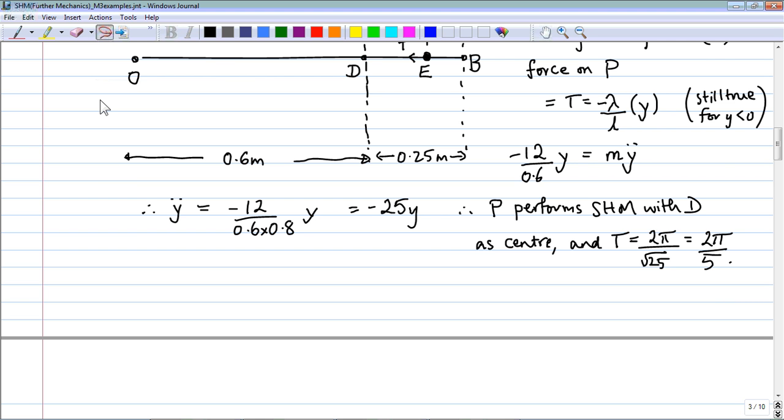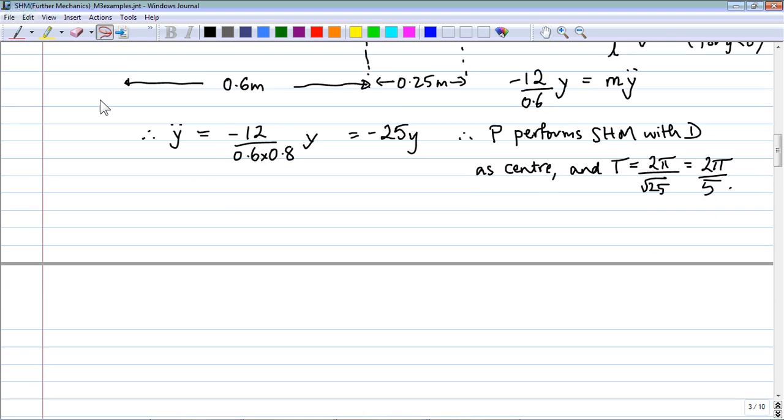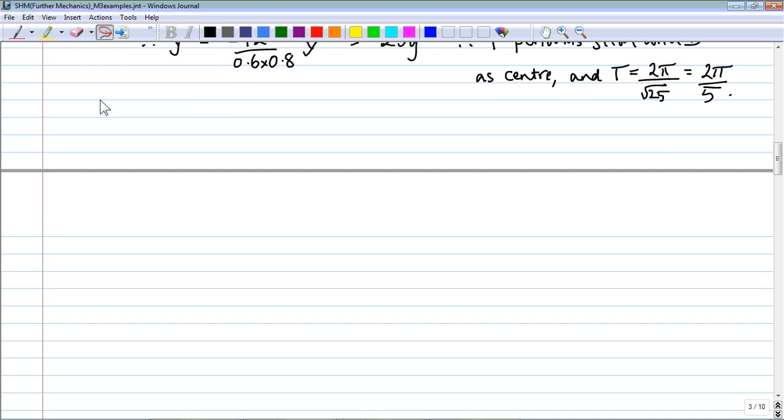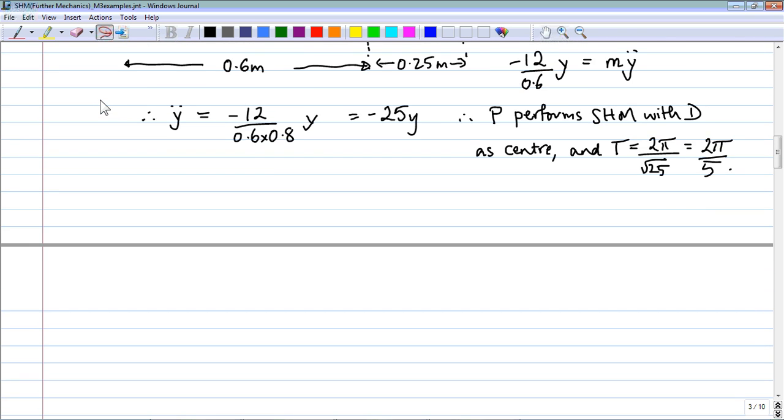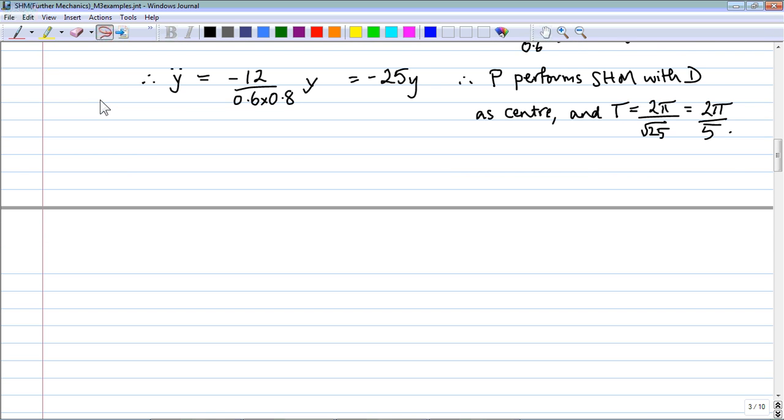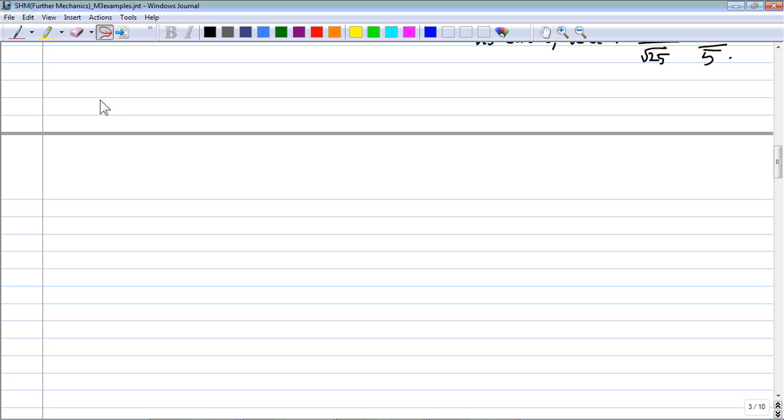Let me think about the easiest way to do this. Well, I know the basic equation of the motion: y double dot equals minus 25y.